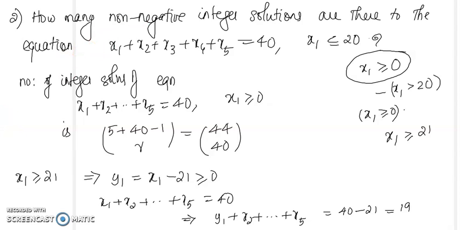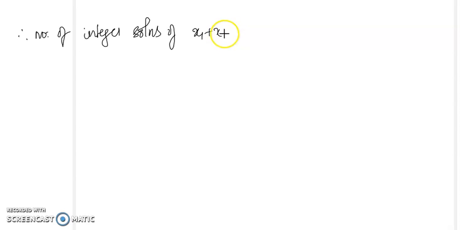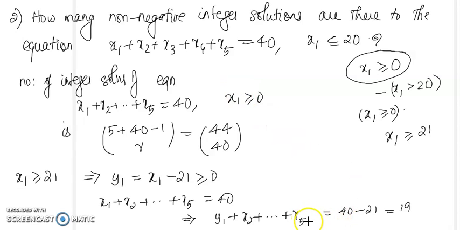So therefore the number of integer solutions of x1 plus... let us write the original equation equal to 40 when you have x1 greater than or equal to 21 is, so here you have n equal to 5, r is 19.